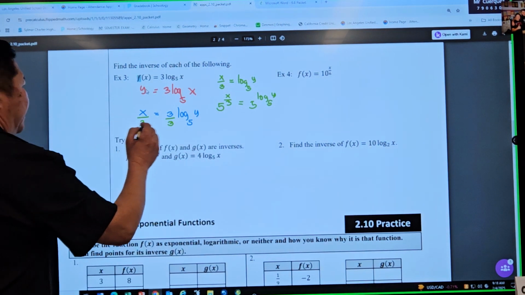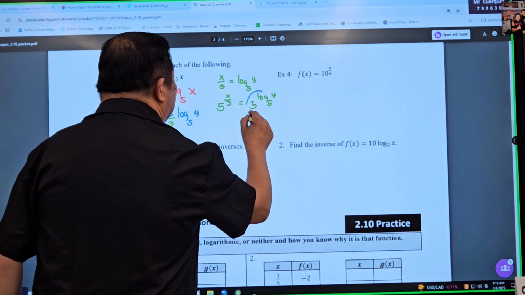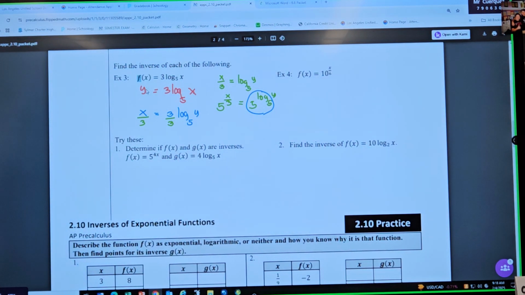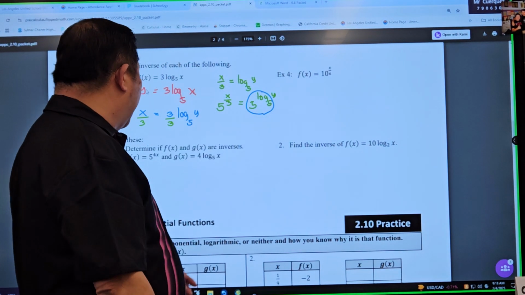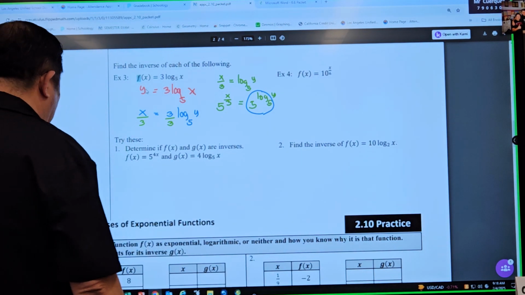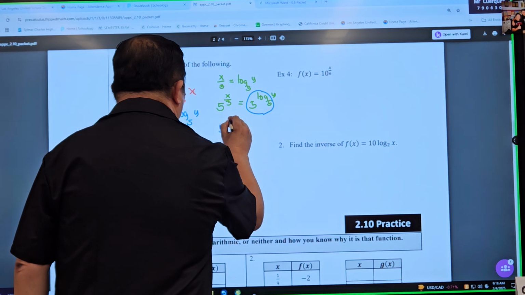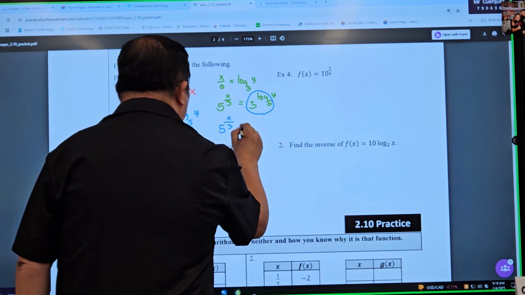5 to the power of log of y to the base 5, what is this equivalent to? That is equivalent to 1, right? That means 1 times y is just y. So on the right side is just y. So we have 5 to the power of x over 3 is equal to y.